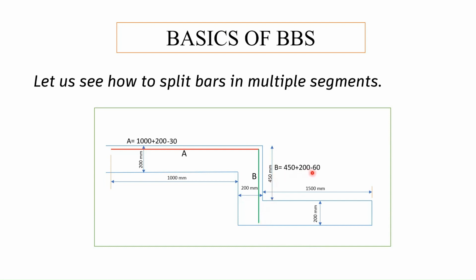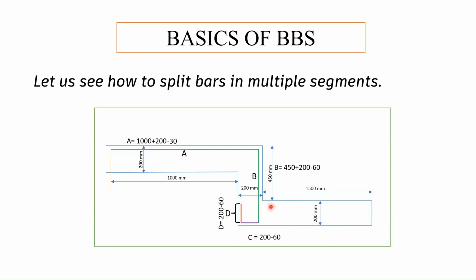So we will deduct 60 mm. Similarly, now we will take this reinforcing bar and term it as C. The length of this bar is 200 minus 30 cover here, 30 mm cover over here. Similarly, we will split again and term this bar as D. Again, this length will be equal to 200 minus 60, that is depth 200 minus 30 mm of cover over here and 30 mm cover at top.